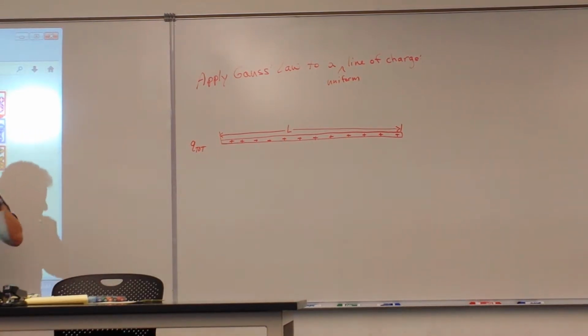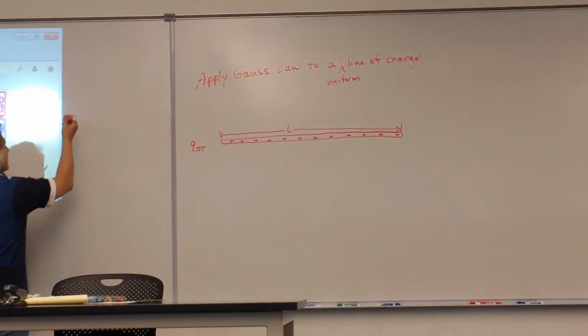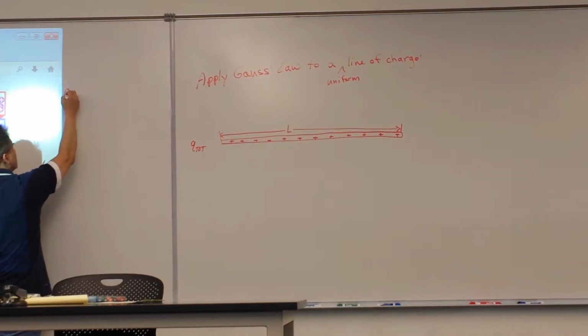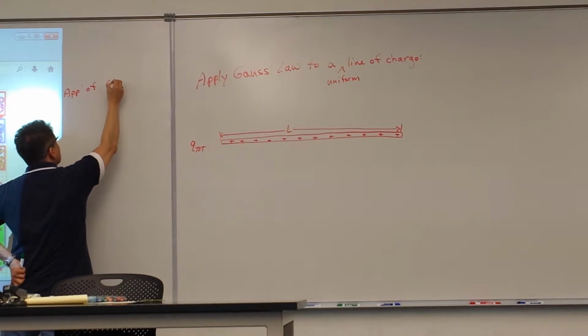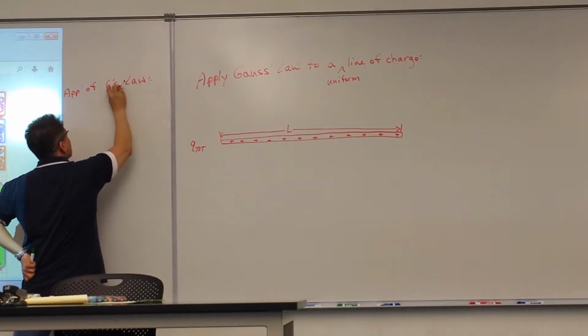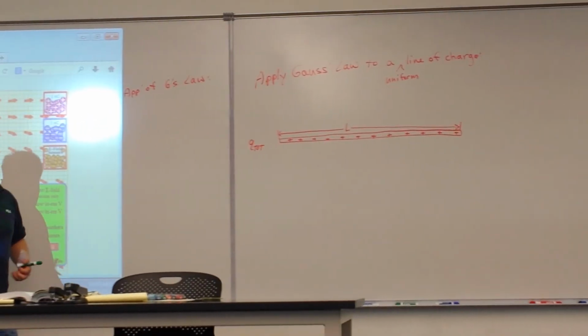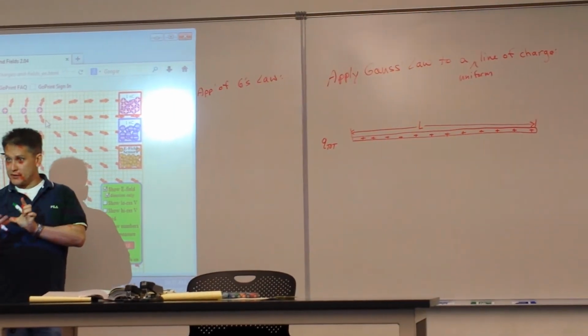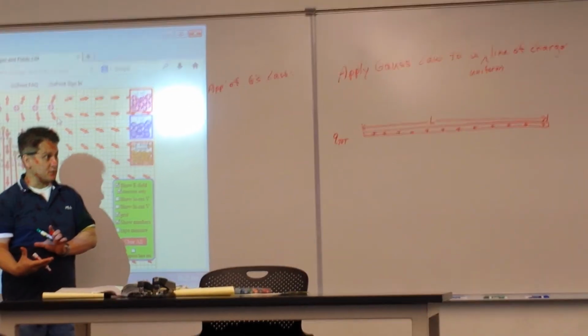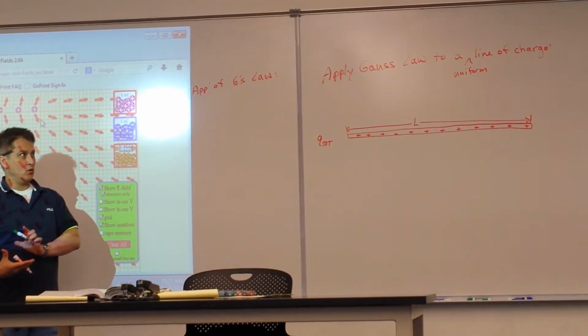Now, as we look at it, it looks like a cylinder, and we're going to apply Gauss's law to this thing. We need some sort of a Gaussian surface. Again, our application of Gauss's law really starts from identifying a symmetry so that we can apply some sort of a closed surface that will be useful.